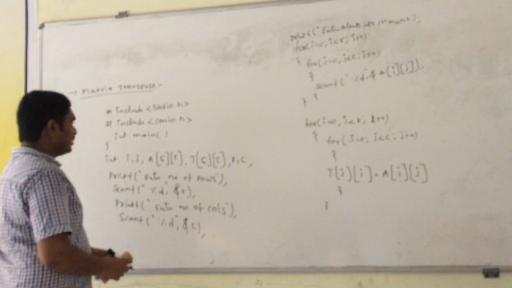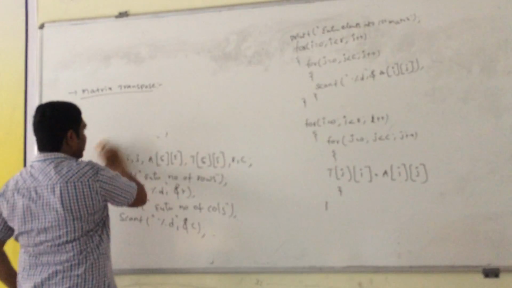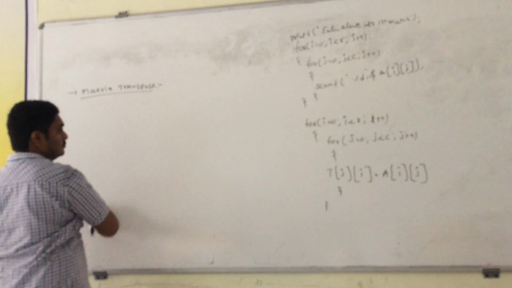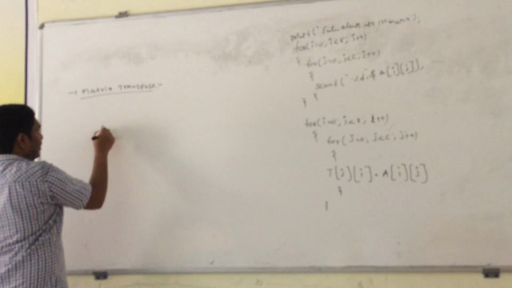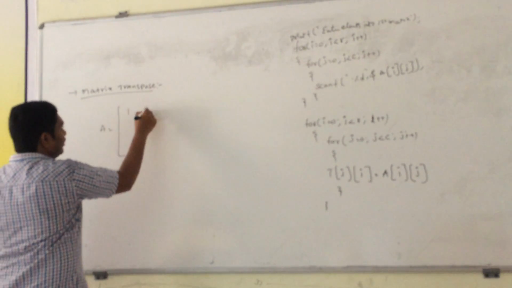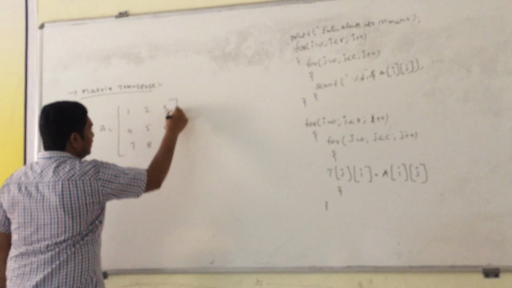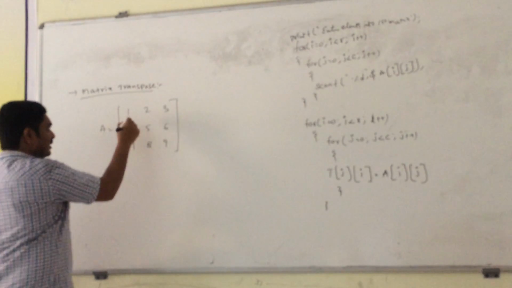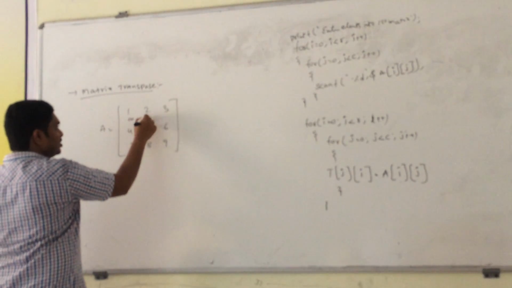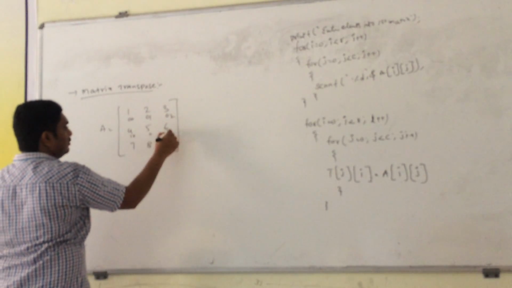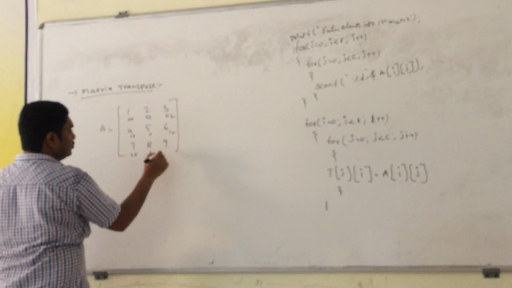Just for explaining the logic, I am writing this program on this side. For example, I am taking a matrix A: 1, 2, 3, 4, 5, 6, 7, 8, 9. This is the original matrix. The element positions are 0,0; 0,1; 0,2; 1,0; 1,1; 1,2; 2,0; 2,1; 2,2.